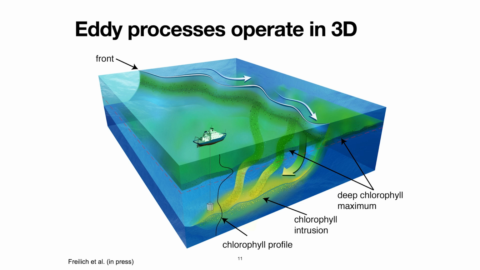If we have increased stratification of the surface ocean, particularly of the surface mixed layer, that may inhibit exchange from the surface into the interior. These eddy processes, since they operate in 3D, may be able to overcome some of that increased stratification and may be able to sustain transport from the surface ocean or the photic zone into the interior.